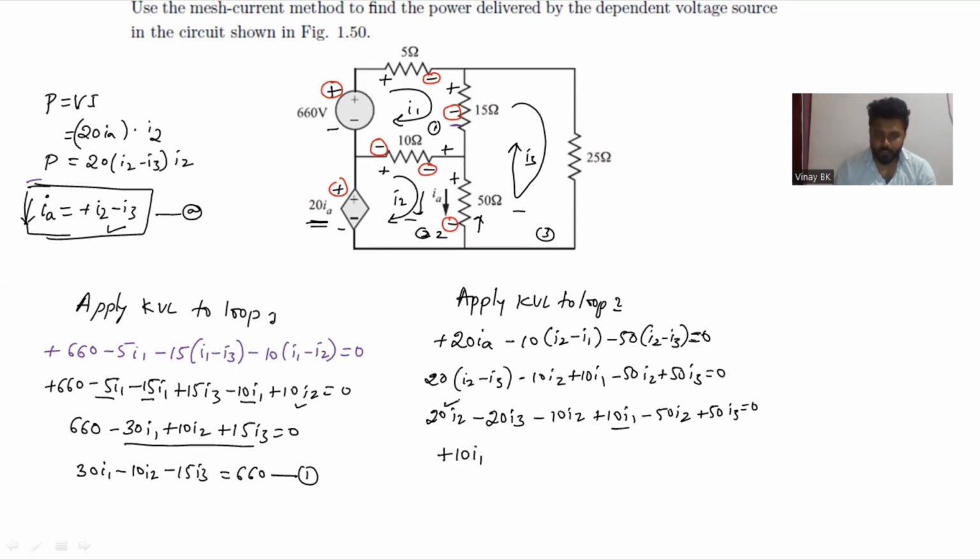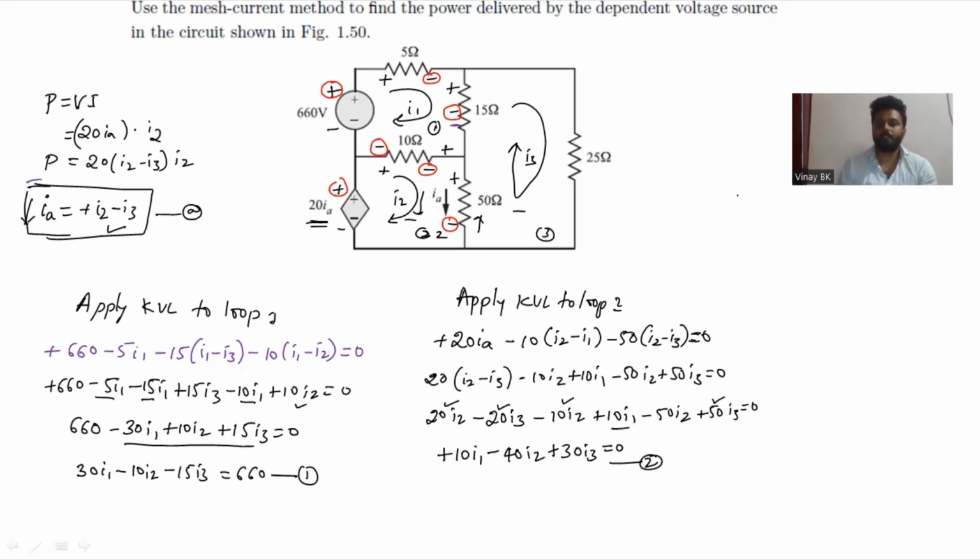For I2, 20 I2 minus 10 I2 is 10 I2, then 10 I2 minus 50 I2, that is minus 40 I2. Next I3: minus 20 plus 50, that is plus 30 I3 equals 0. This is equation number 2.